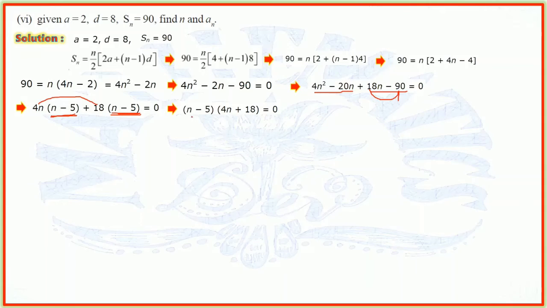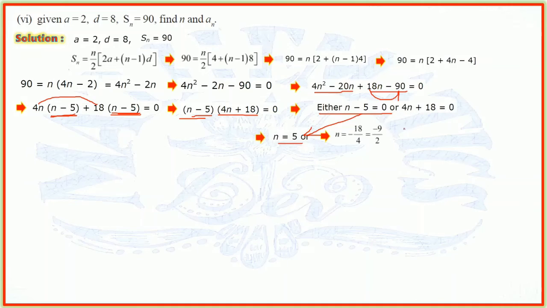Now we have a product of two factors equal to 0, which means either the first is equal to 0, n − 5 = 0, or the second one, 4n + 18 = 0. From the first we get n = 5, or n = −18/4, which is −9/2.